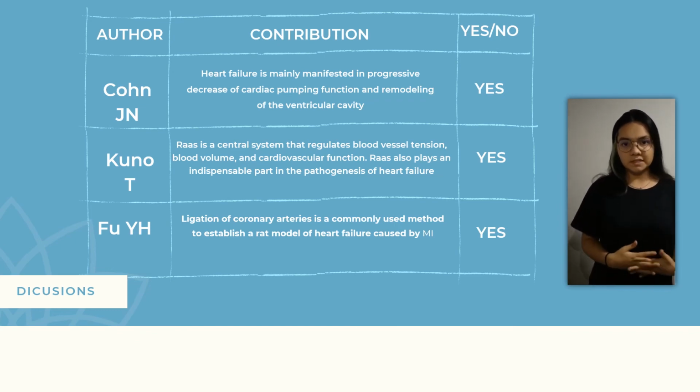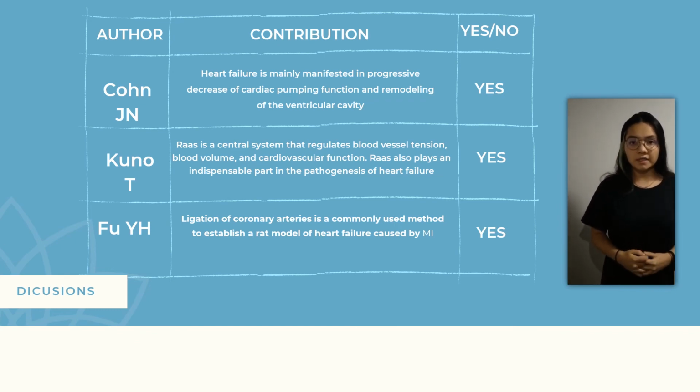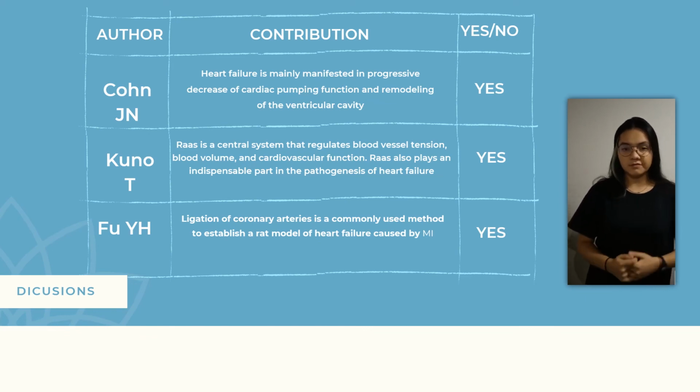Renin-angiotensin-aldosterone also plays an indispensable part in the pathogenesis of heart failure. Yes, agree. Fu GH says that ligation of coronary arteries is a commonly used method to establish a rat model of heart failure caused by MI. And yes, agree.